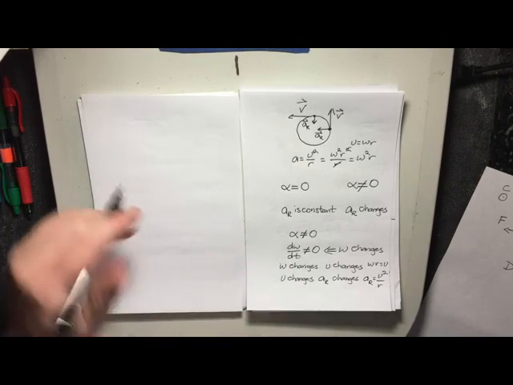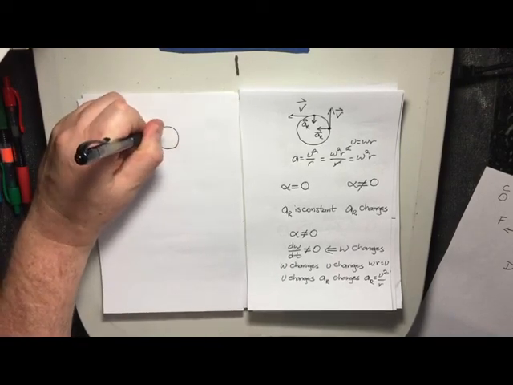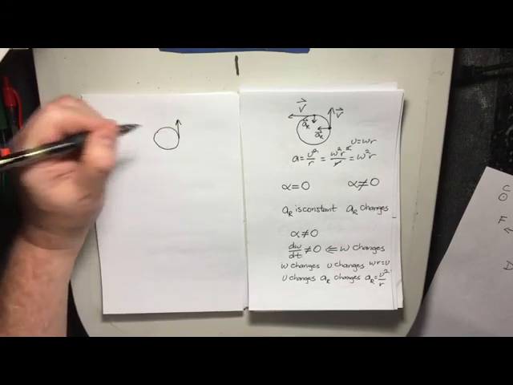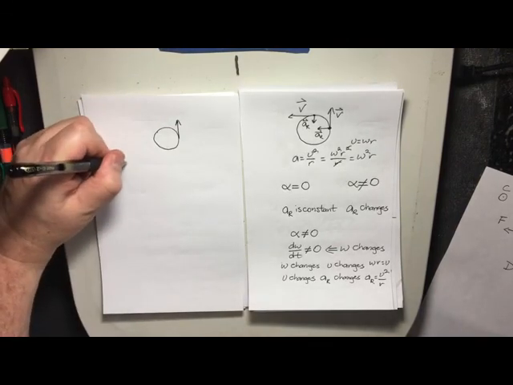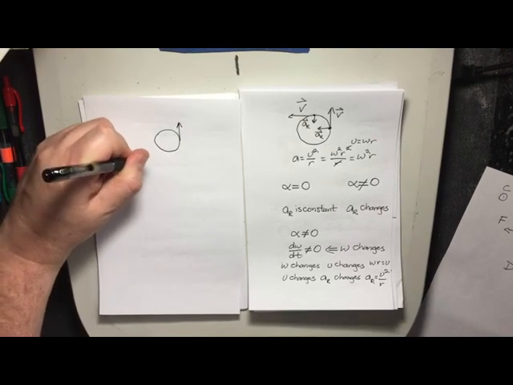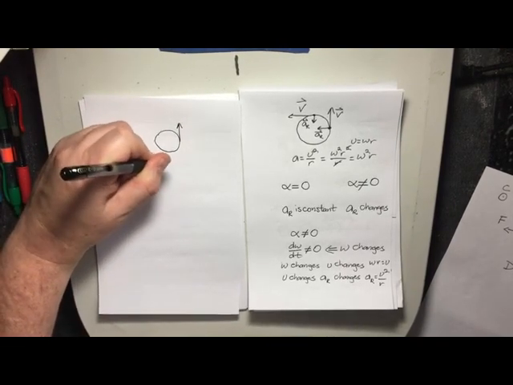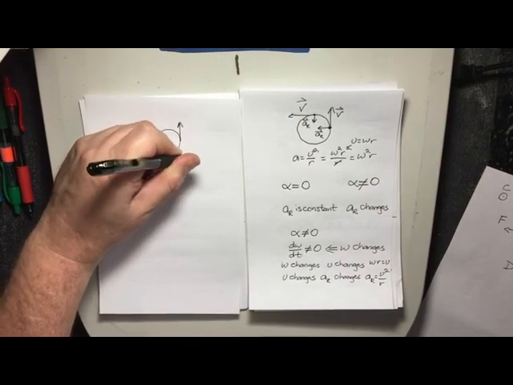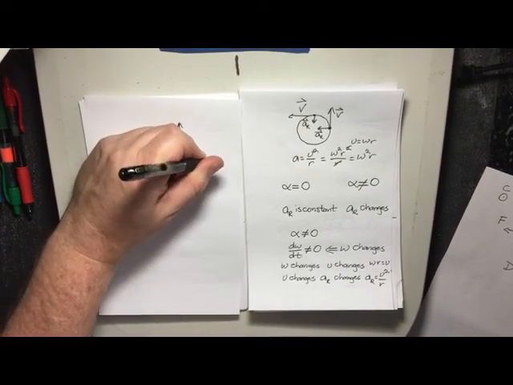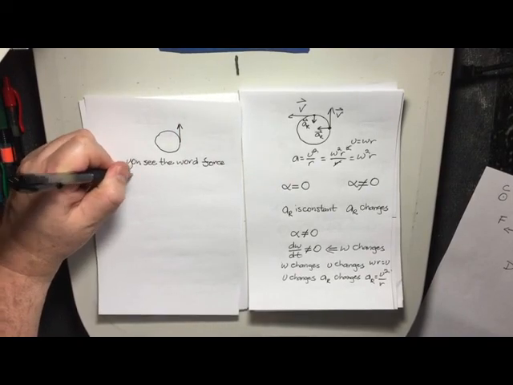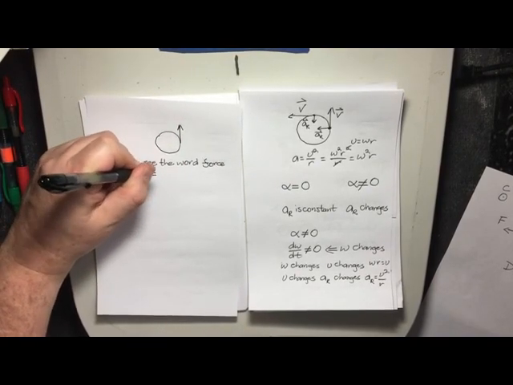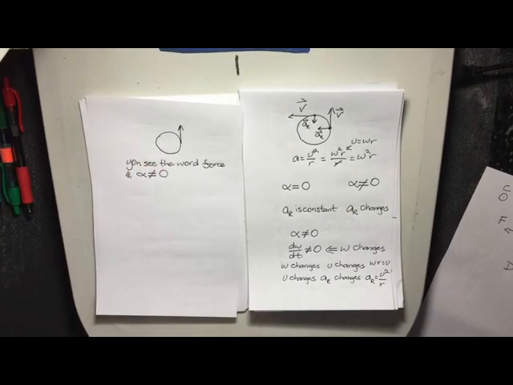One of the big things you can tell is that if you see the word force in a circular motion problem, alpha is not 0.